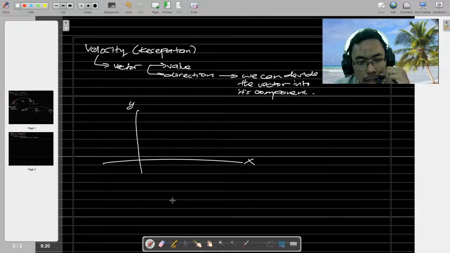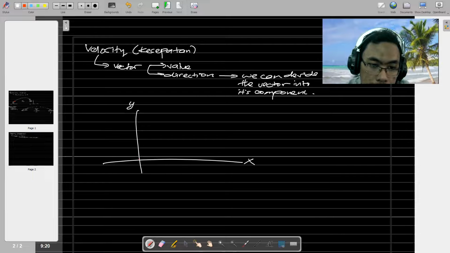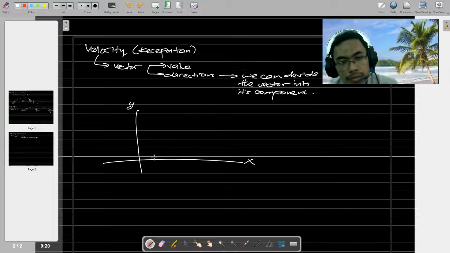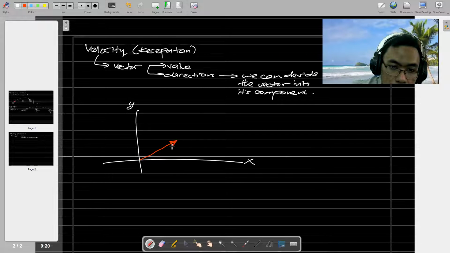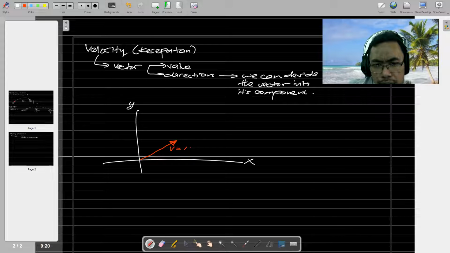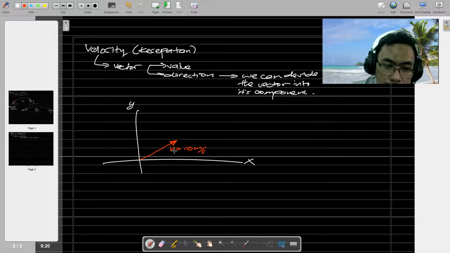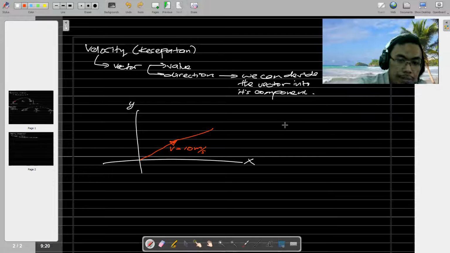Let's say I have a vector here. So I have a vector which is velocity. This one is velocity, and the value is, let's say, 10 meter per second, and the direction is as what you see on the screen. So it goes in this direction.